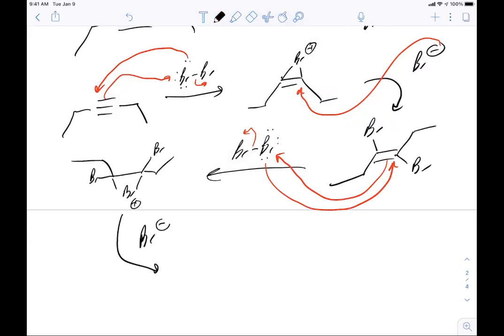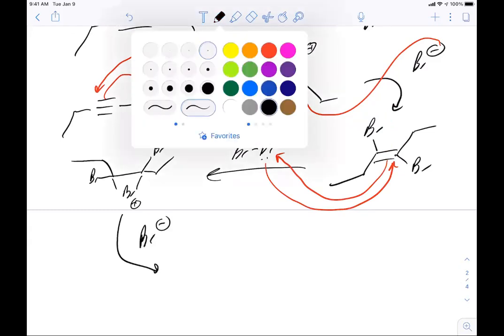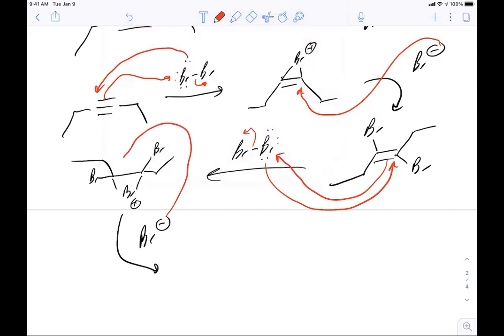Again, we'll have backside attack to give us the tetrabromide.